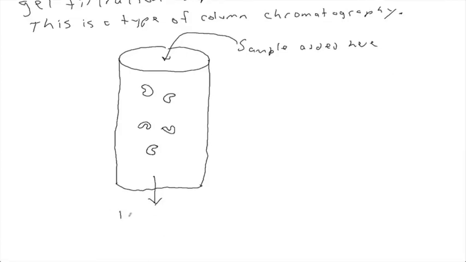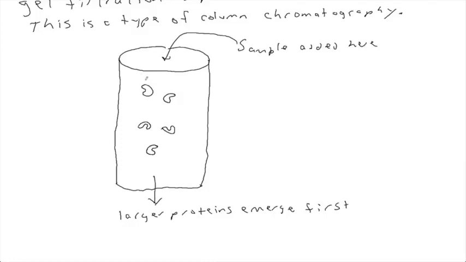The larger. This is a little confusing because notice this is the opposite pattern from electrophoresis. In electrophoresis, the larger proteins move slower. But here the larger proteins emerge first. What happened to the smaller proteins? They were trapped by the beads.